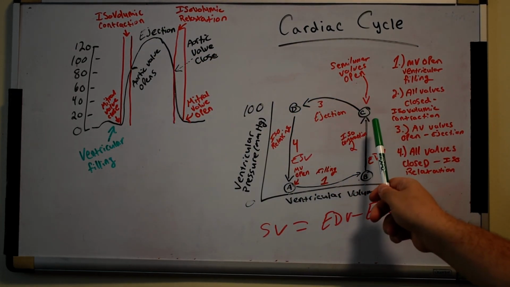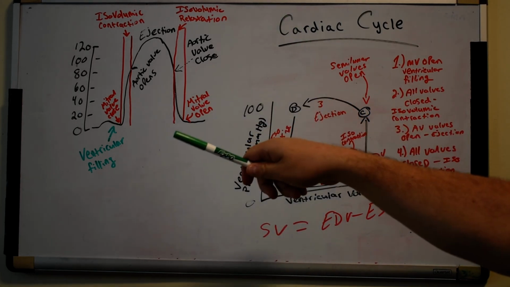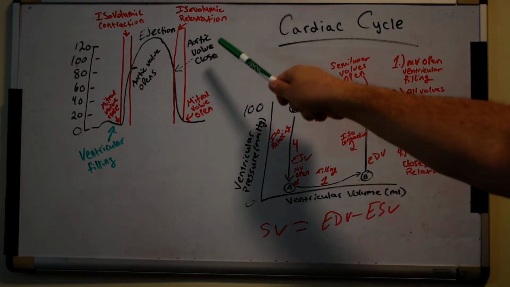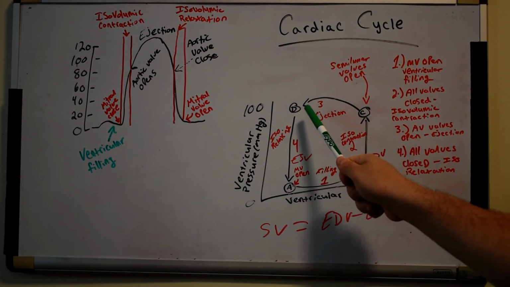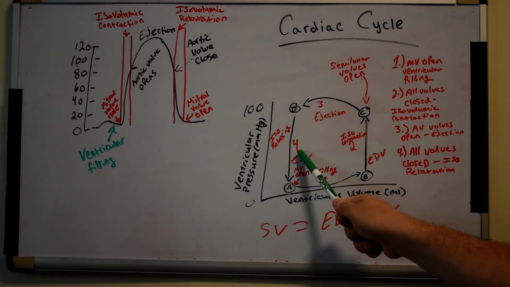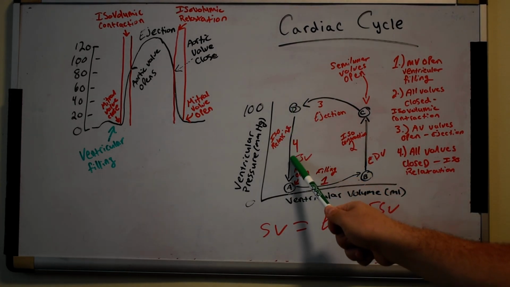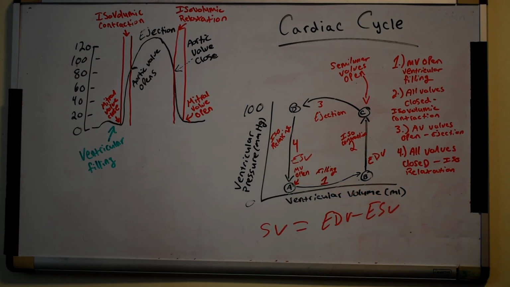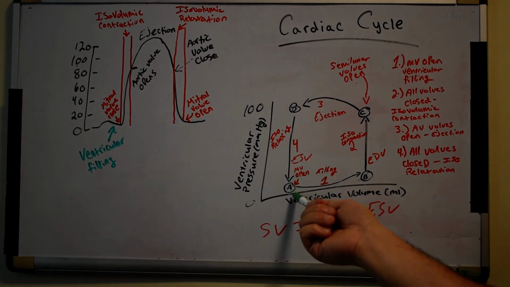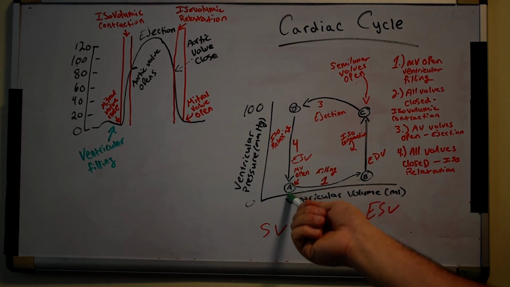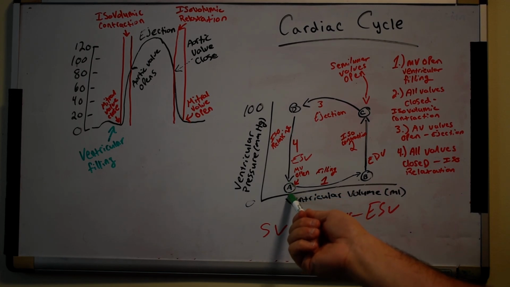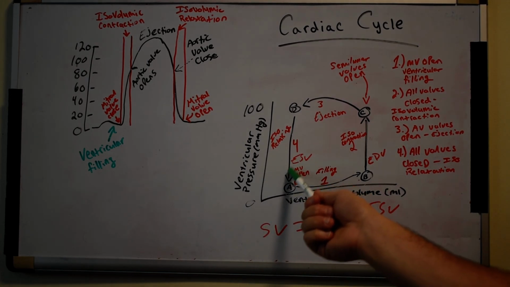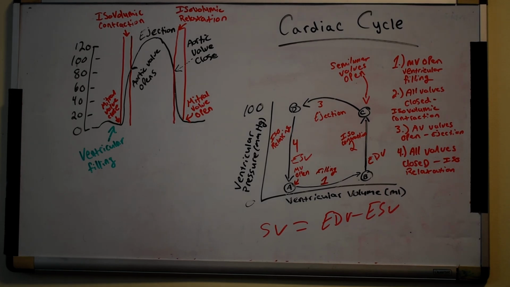All right? Pressure will drop. Okay? All the valves will close for isovolumic relaxation. Pressure will go down, down, down. And then when the pressure is lower in the ventricles than it is in the aorta, that's what causes that mitral valve to open. I know I didn't say that before.